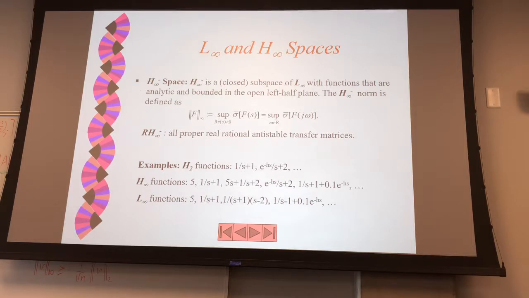Because of the delay, the magnitude is always bounded. So the magnitude of delay is always 1. Okay. So e to the power of j omega has magnitude 1. So it's not going to cause a big issue here.